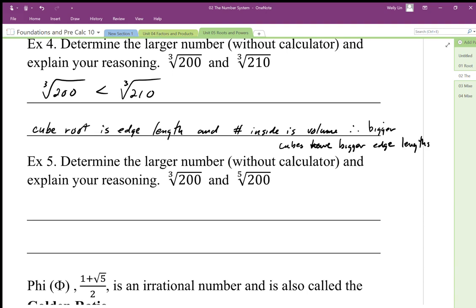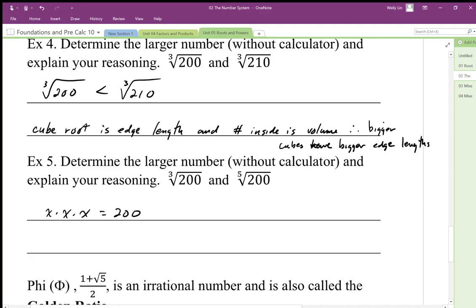Well, we can go back to repeated multiplication. If we were to write this out, there's some number x, where x times x times x equals 200.